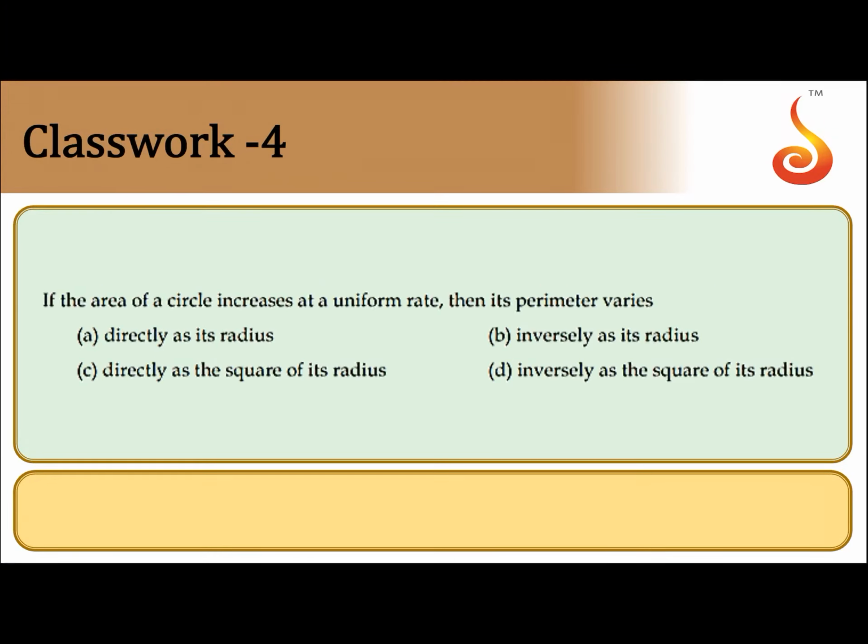Coming to the fourth one. The area of the circle increases at a uniform rate. The question is how the perimeter varies. Let me consider that the area of the circle increases at a uniform rate.